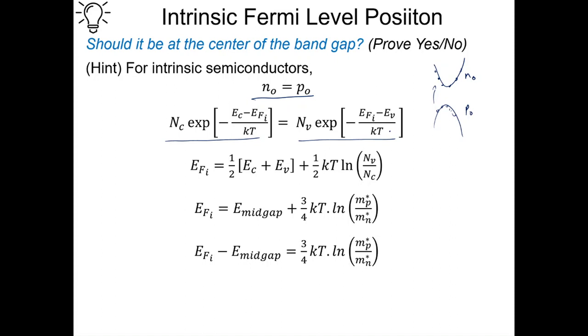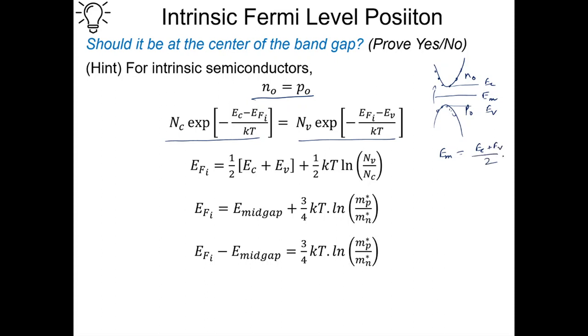And what we will try to see is whether the Fermi level is at the mid gap. So what is mid gap? Let's say if I draw a point and call it E mid gap, and if this point is EC and this point is EV, then EM is nothing but EC plus EV divided by 2.